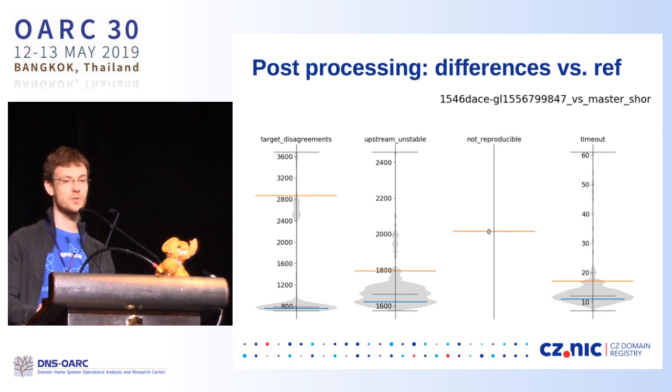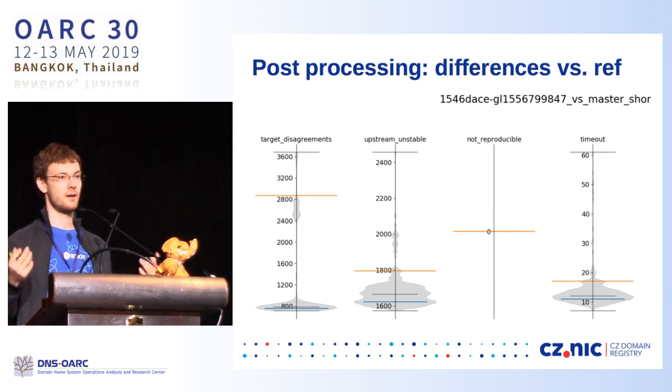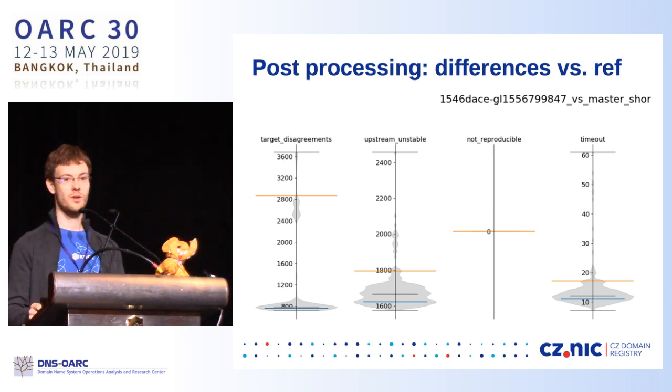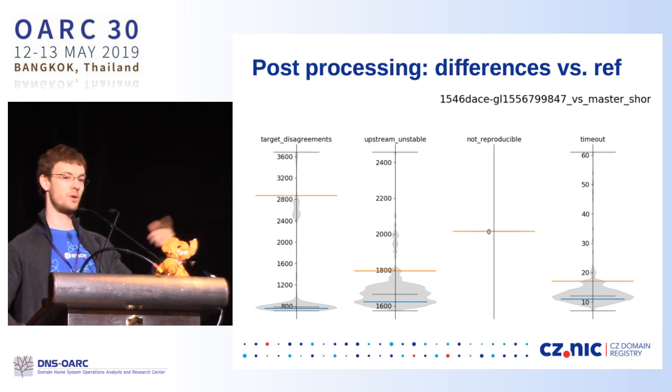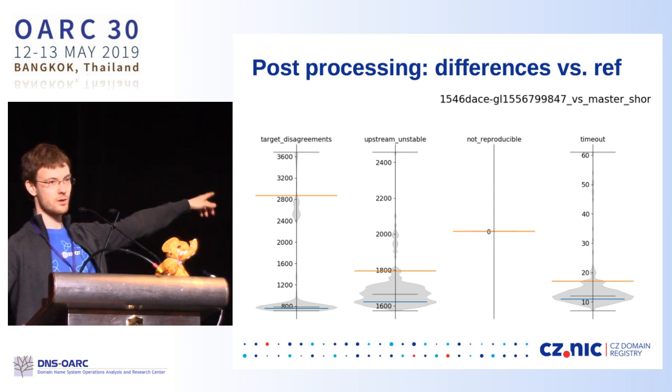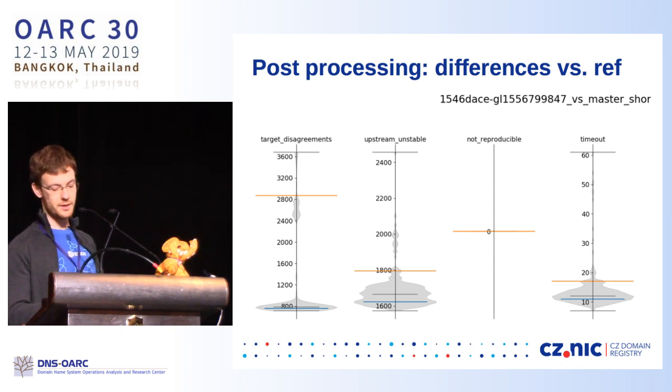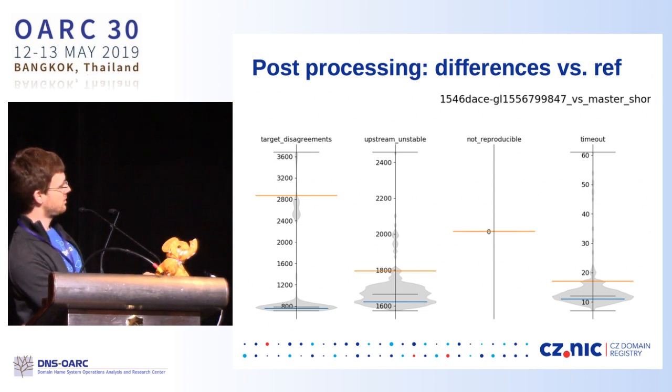The post-processing is the hard part, right? Visually I can see this because I have some intelligence, hopefully. So for me it's not hard to classify, but for a computer it's much harder, because sometimes when we were doing the reference runs on the stable version, as you can see on the very first column on the left, there is a gray blob on the bottom. That's where most of the reference runs ended up.